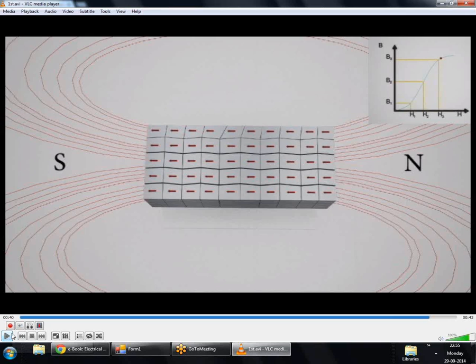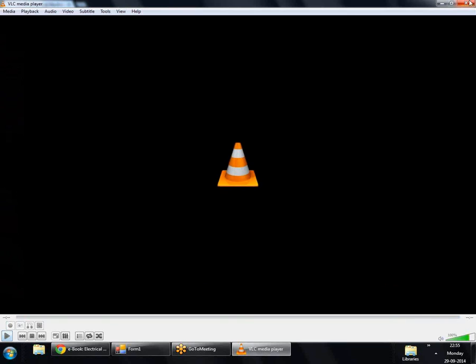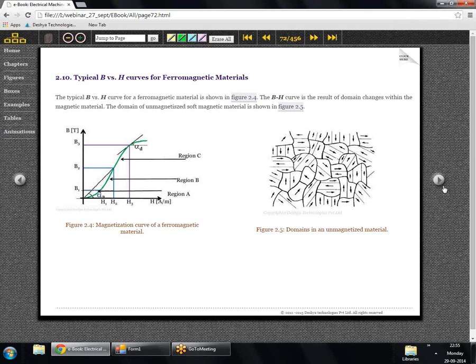Once a material reaches this position where the majority of the grains are aligned in the direction of the applied magnetic field, it is said to be in saturation. So the condition shown here on the screen is the condition of saturation. The material is saturated. It means if we keep on increasing H, B will increase very slowly, and once that happens, we say that the material starts to behave like air or free space. So that was a simple explanation of the BH curve.